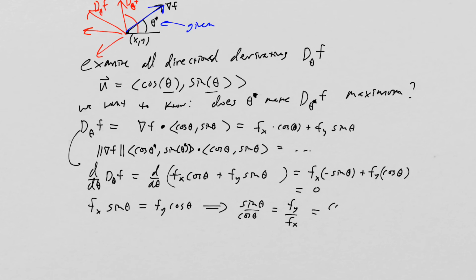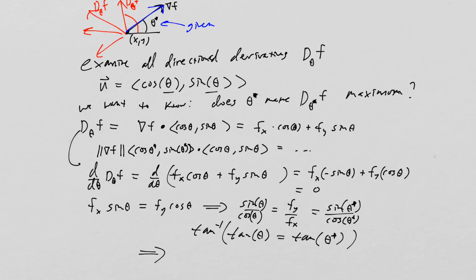And we know that's going to be equal to sine theta star over cosine theta star. We can write that as tangent theta is equal to tangent theta star. Of course, we can now take the inverse tangent of both sides, and we find that theta must equal theta star.